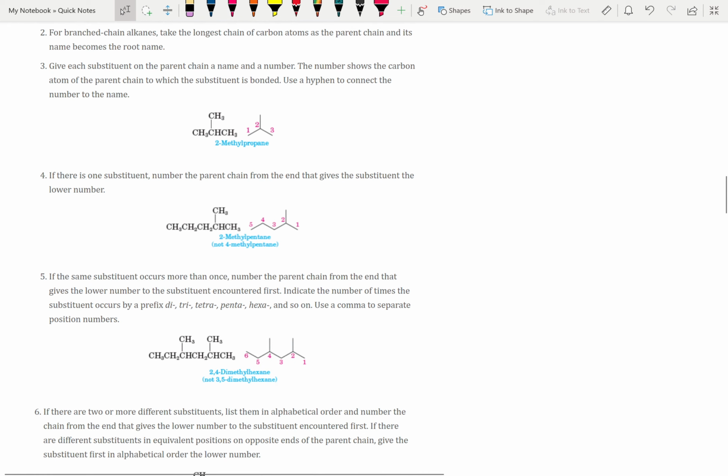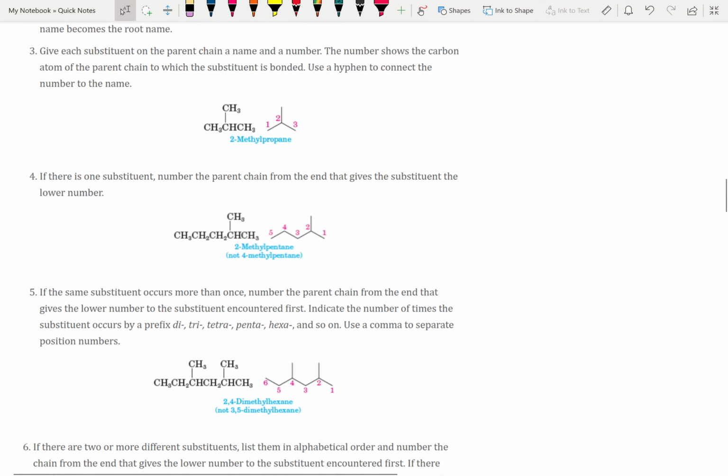So here's another example for number 4. You see here we have 1, 2, 3, 4, 5 carbons, and on the second carbon we have a methyl group that's attached. So how do we name that? We put the 2 for the second carbon, and then we have the CH3 group, that's the methyl, and then we have our 5 carbon chain, that's the pentane.